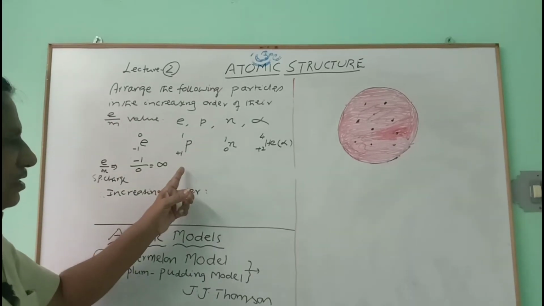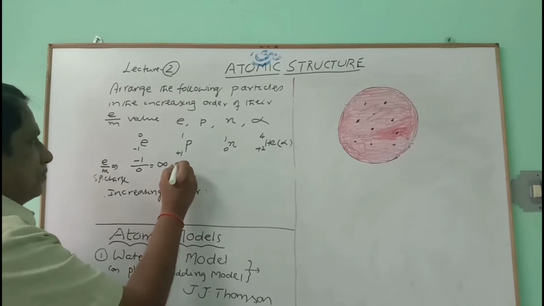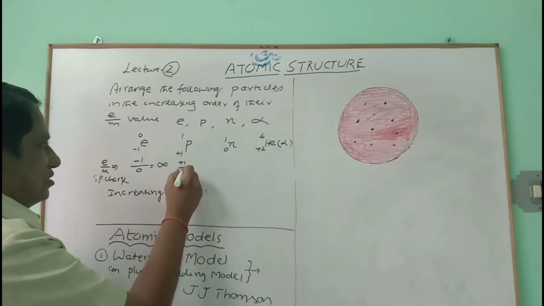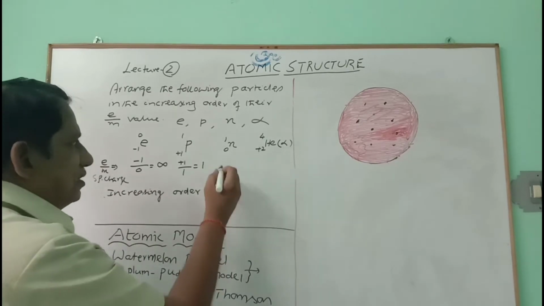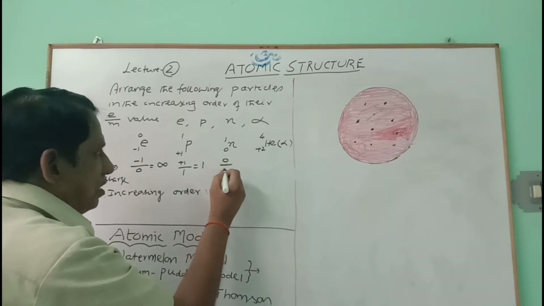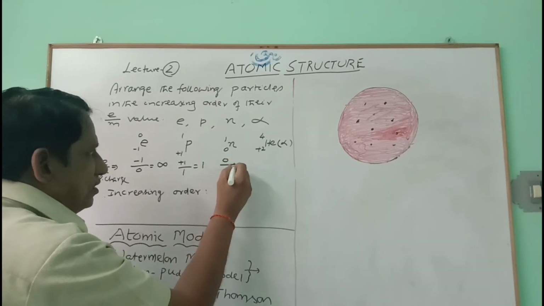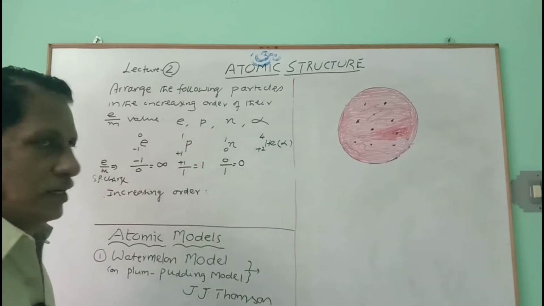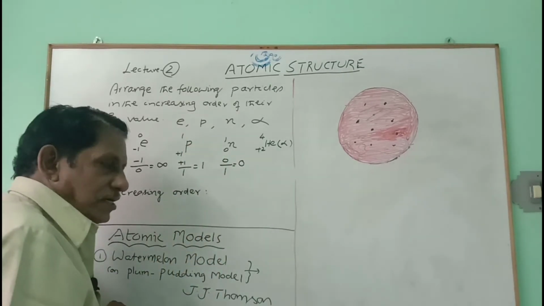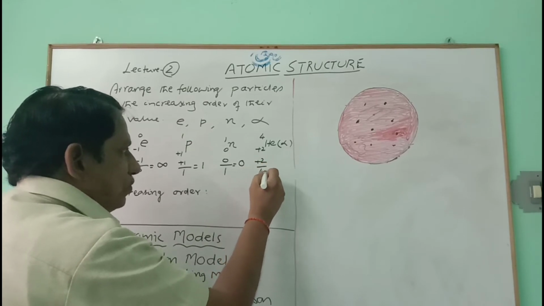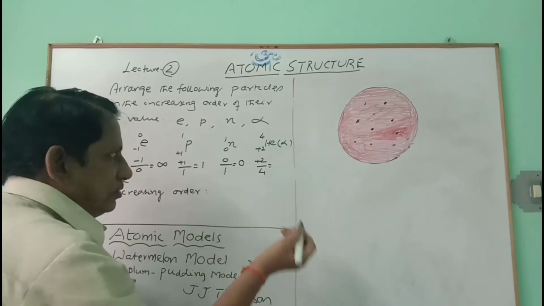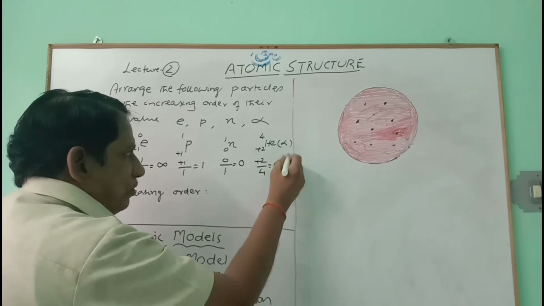Similarly, for proton, the charge is plus 1 and mass is 1, so it is 1. For neutron, the charge is 0 and mass is 1, so it is 0. For alpha, the charge is plus 2 and mass is 4; 2 by 4, 1 by 2, is equal to 0.5.